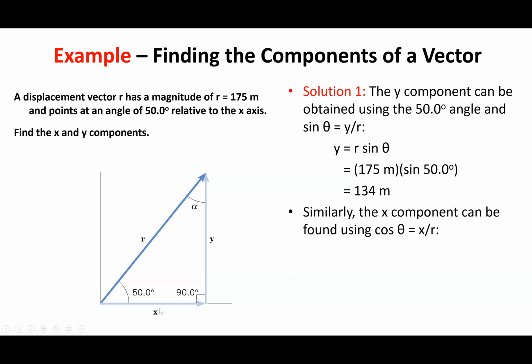The adjacent is the X, the hypotenuse is the R. So cosine of theta would be X over R. To solve for the X value, we multiply both sides by R, so X would be R times cosine theta. Again, R was given as 175, and the angle was given as 50. And so we find that the component length for X is 112 meters. Questions?